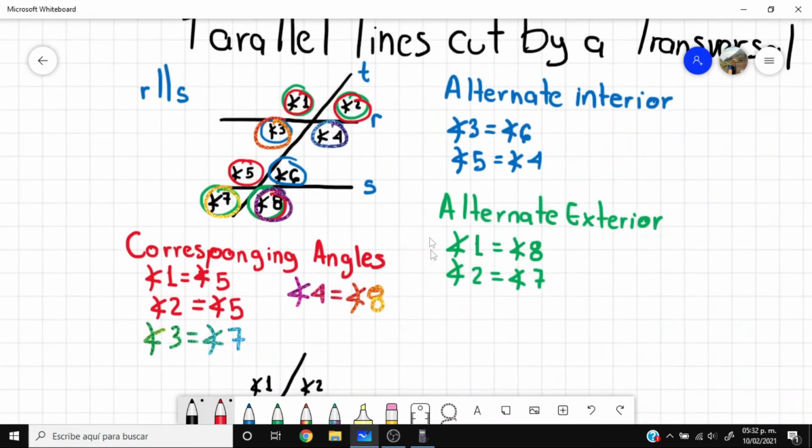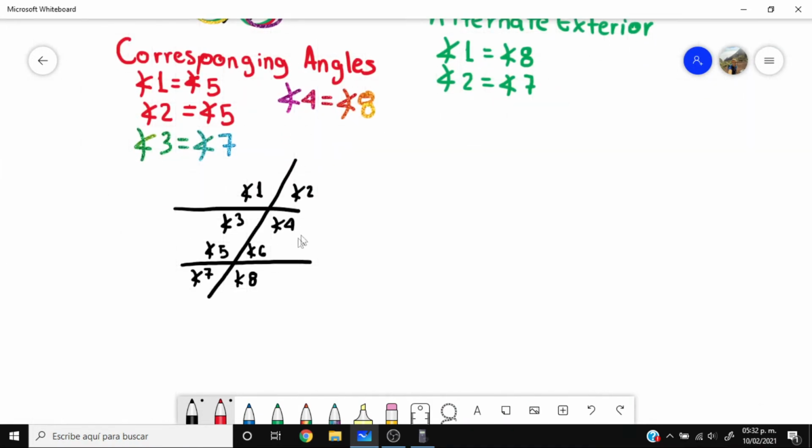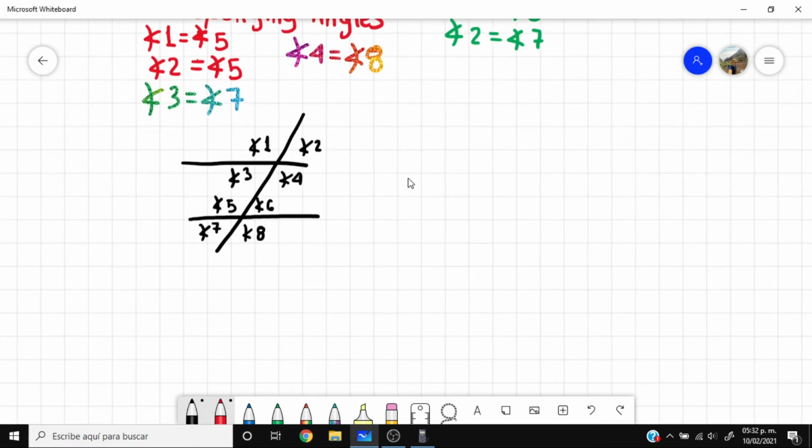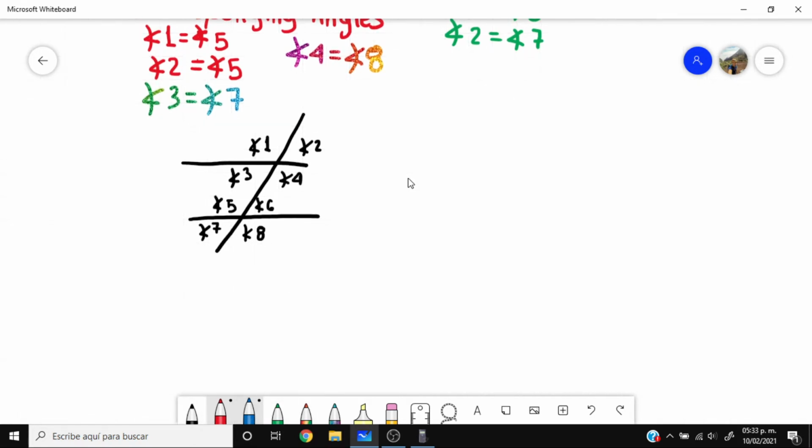Okay, so I draw the figure again, okay? So I have the two parallel lines, the transversal line, and all those 8 angles. So with another color, I'm going to draw a line, okay? It's going to be just like this, okay? That is the line. It's kind of a lightning bolt, just like Harry Potter's scar or something like that.